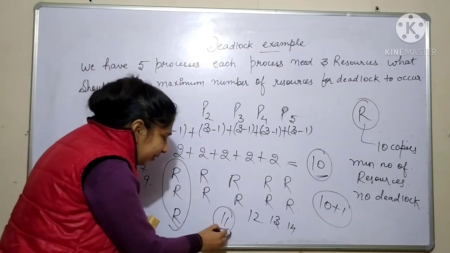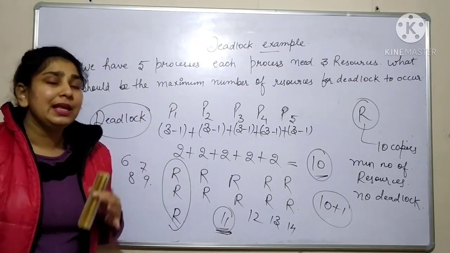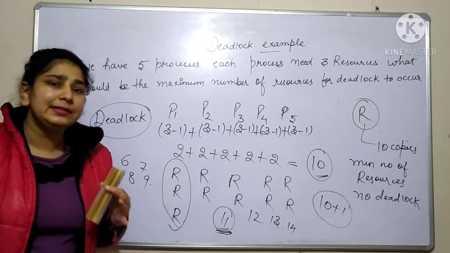This 11 is the minimum number of resources required to avoid the deadlock.